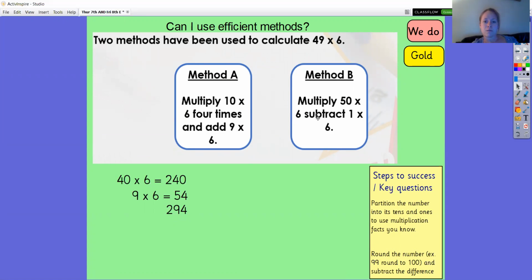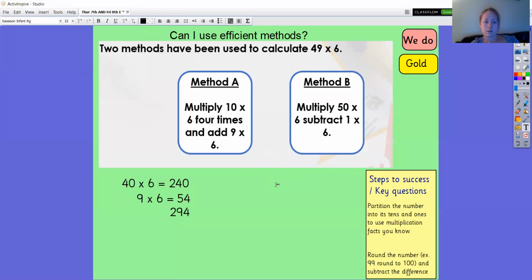This way is the rounding way. So this is the second part of the steps to success. This is multiplying by 49, which is nearly 50, and then taking one group off. So we do 50 times 6 equals, and I can use my knowledge of the times tables again, so we can count 5 times 6, and if we don't know our 6 times tables, we could do 5, 10, 15, 20, 25, 30, and count it up like that if we wanted to.